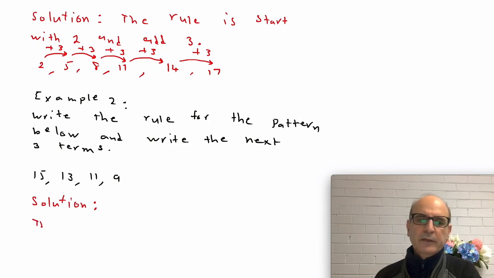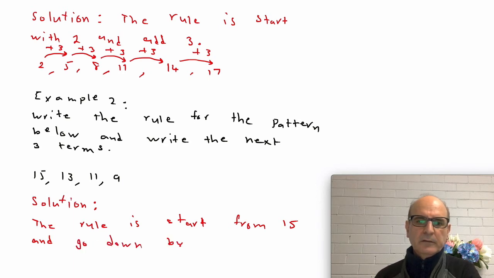So the rule is start from 15 and go down by 2.